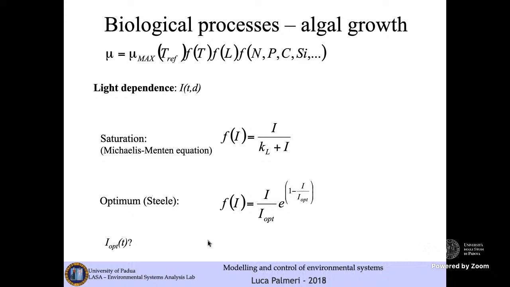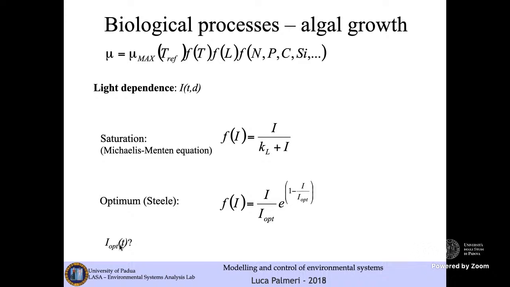Now a question arises, of course: how do we estimate the optimum intensity, the optimum radiation for light growth? And this optimum, of course, is a function of time, due to the fact that, as you know, the quantity of solar light that arrives at your ecosystem depends on time. We have seen several models for describing this.